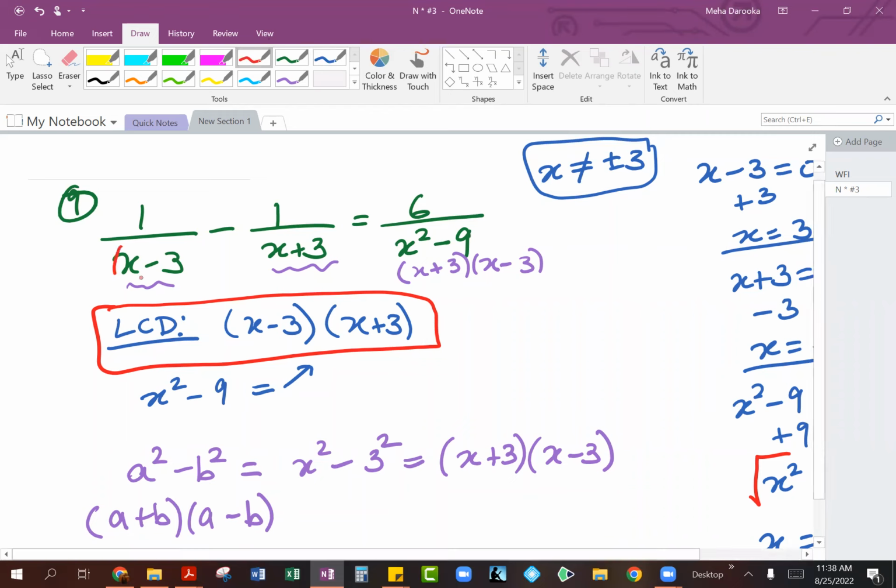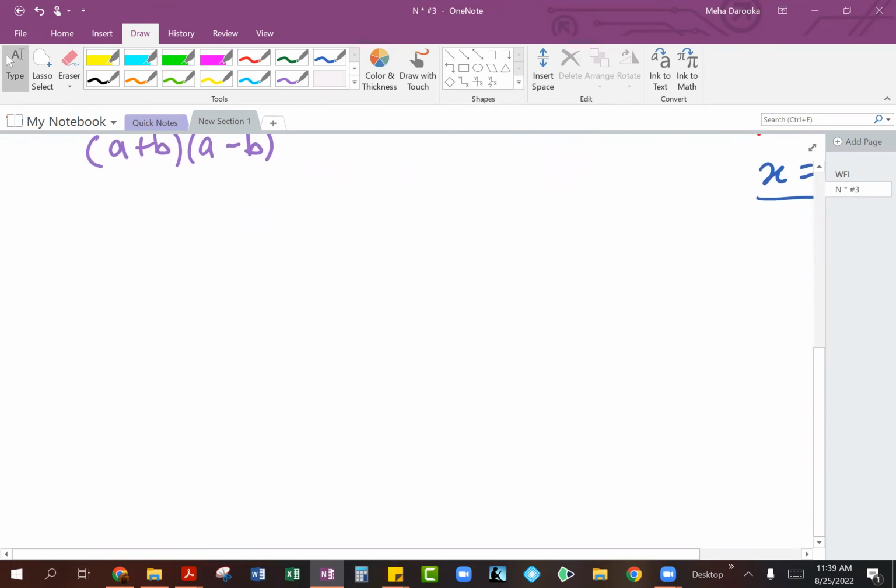So I'm going to put these in parentheses. And I'm going to multiply this guy by x plus 3. Again, both numerator and denominator. And multiply this guy by x minus 3. Okay, so I know that's a whole jumble mess up there. So let's bring it down here.